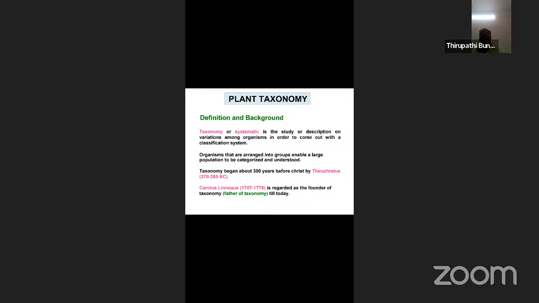This belongs to unit 7, principles of plant taxonomy and nomenclature. What is the importance of plant taxonomy?